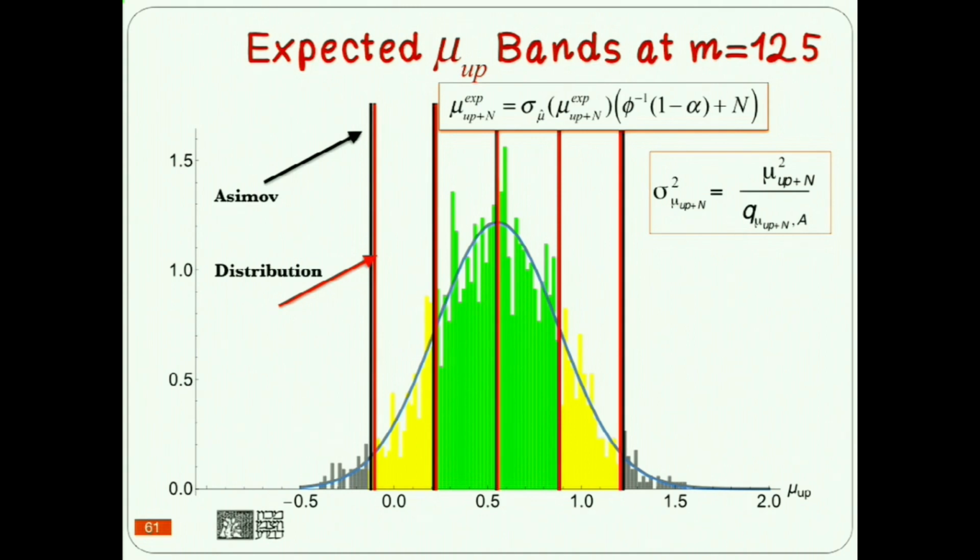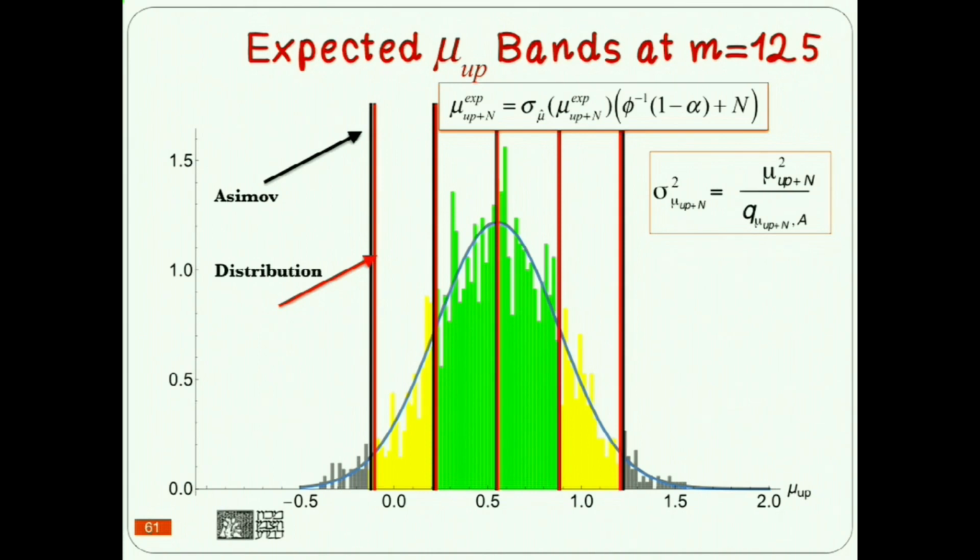So you tell them, for this I will generate lots of experiments. In each one of them I will compute the mu up. So I will get some distribution. I will look where 68% of the mu up falls. This is my uncertainty band for mu up. I can also look for 2 sigma. This is the yellow band. So I have an uncertainty band on mu up, and this tells me how sensitive I am, how good is my experiment, okay?